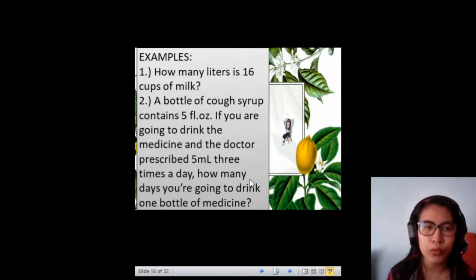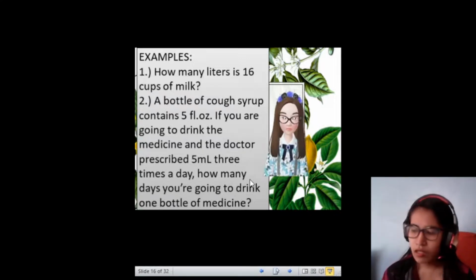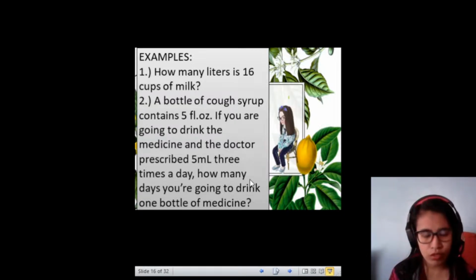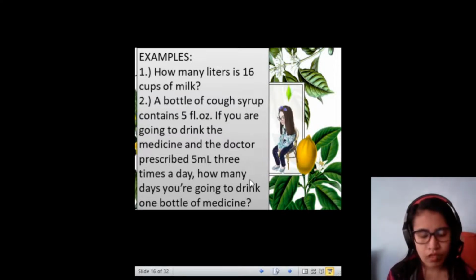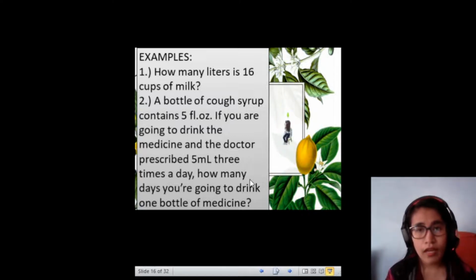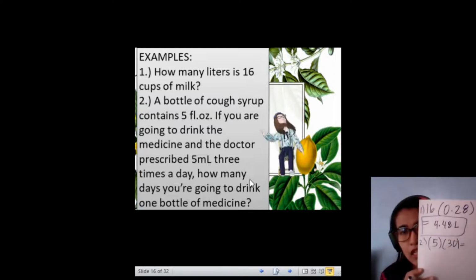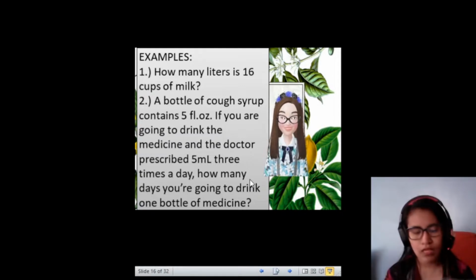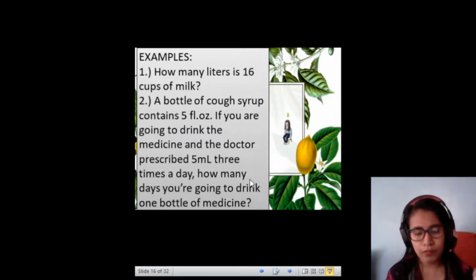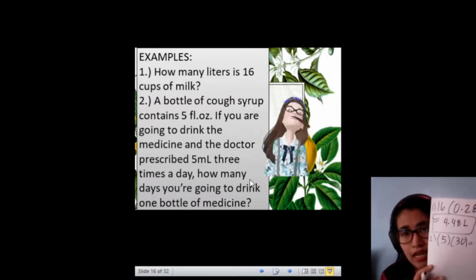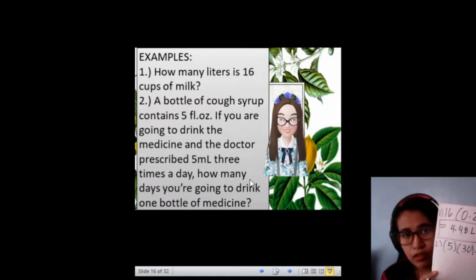So we need to convert it first. Our 5 fluid ounce should be converted into milliliter. So it will be multiplied by 30. And 5 times 30 is equal to 150. So you will have now 150 milliliter.